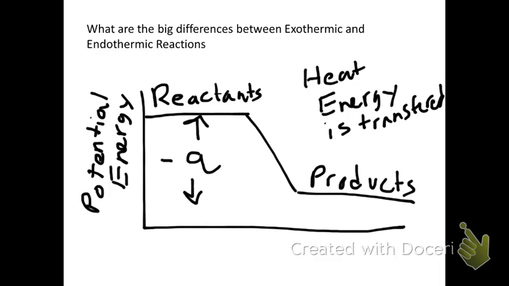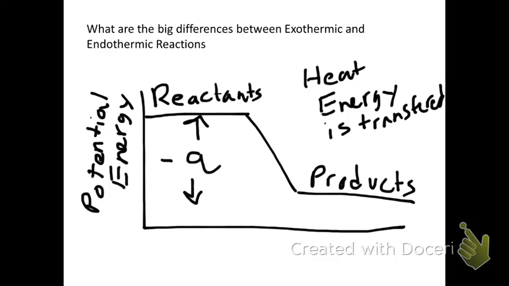Well, it's transferred from the system, which is the chemical reaction here, to the surrounding environment. So heat is being lost by the reaction, and therefore we get the negative Q. So the difference in energy between the reactants and product is simply that the potential energy from the reactants has been changed to heat energy, which has been transferred to the surrounding environment, and so the products are lower.